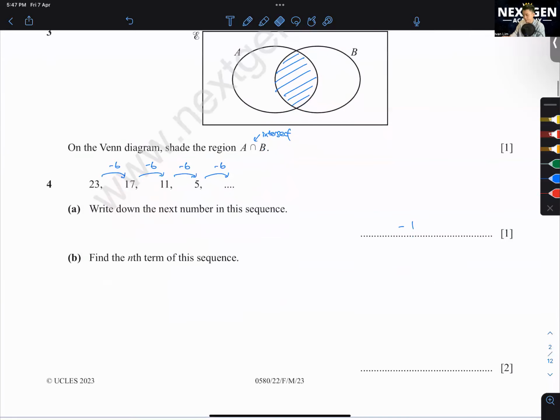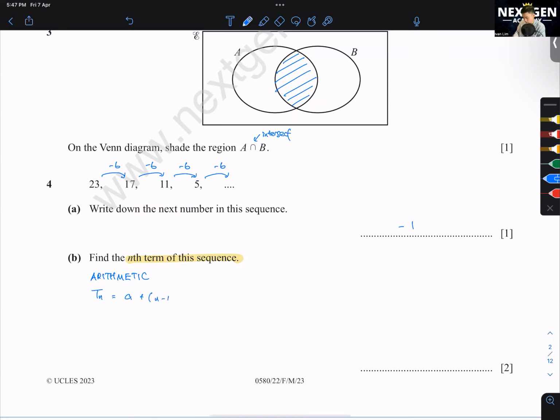Find the nth term of this sequence. What type of sequence is this called? Plus and minus is an arithmetic sequence. If it's an arithmetic sequence, what is the formula that we have to memorize? a plus n minus 1 d.